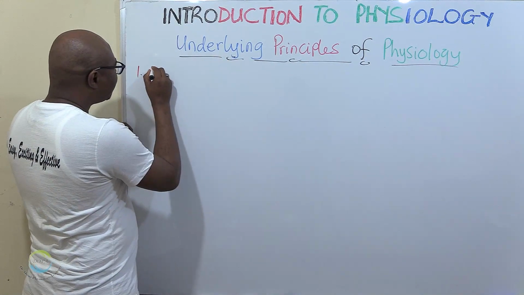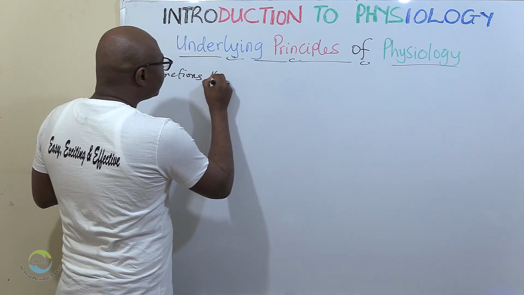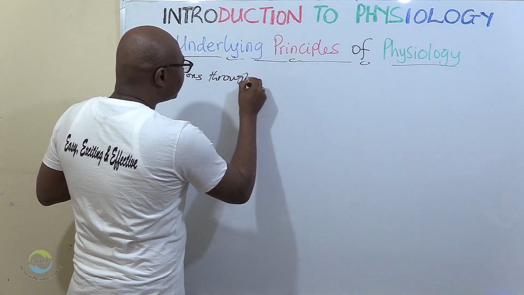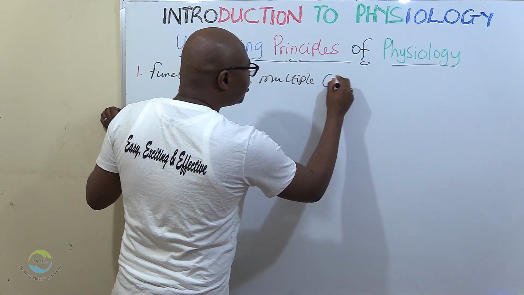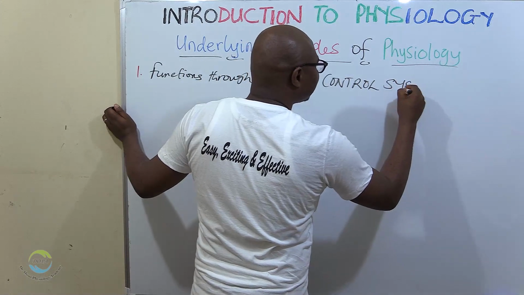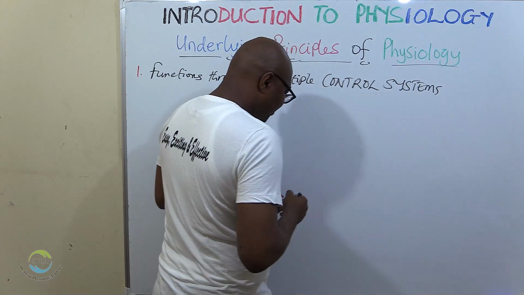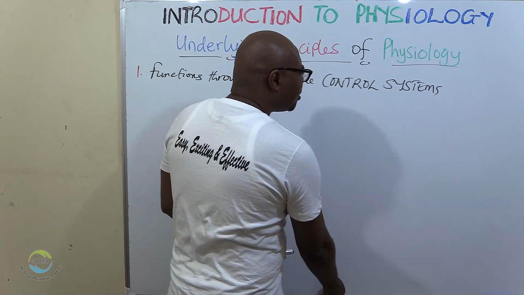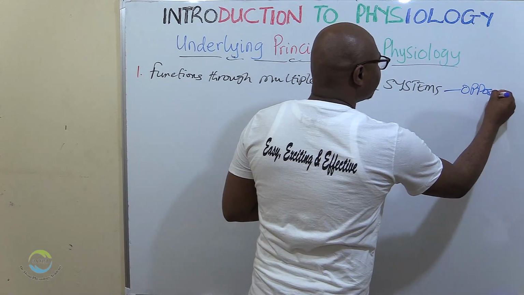Now, the body functions through multiple control systems. And these systems, we are saying that they work in opposition to each other.